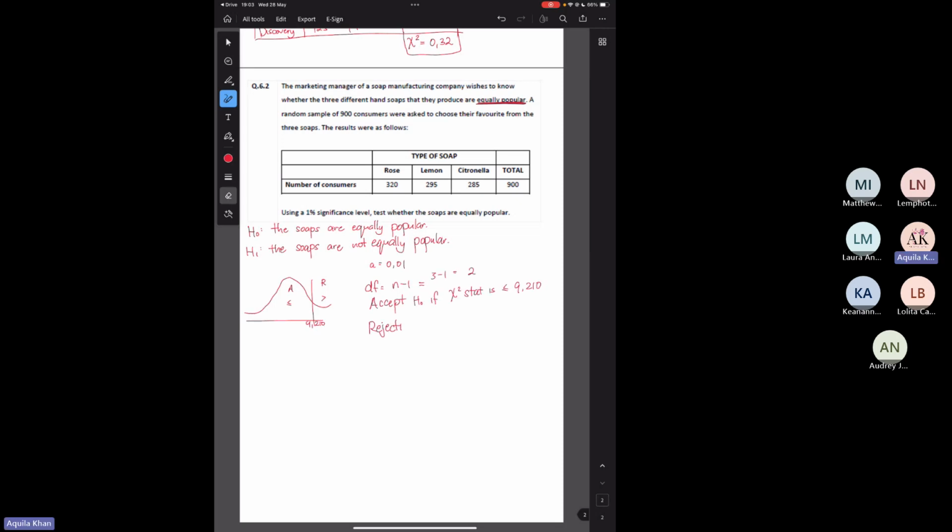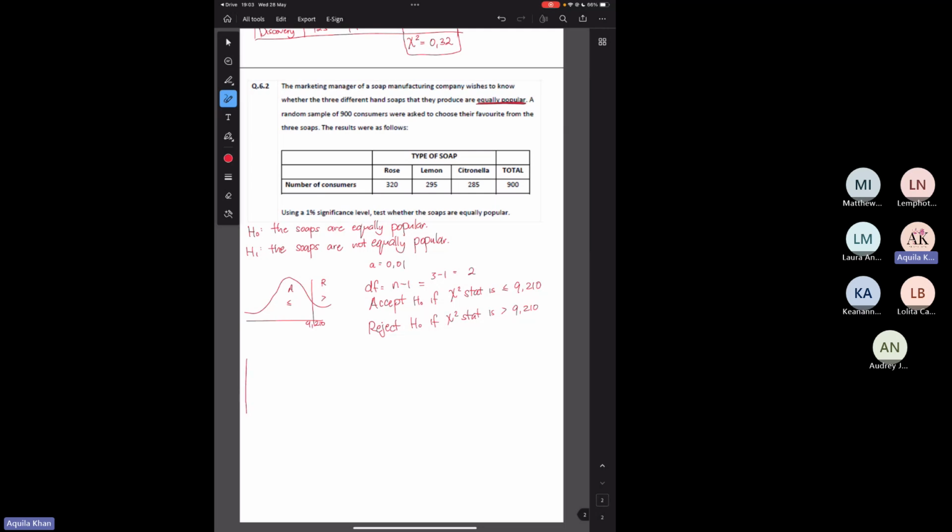So reject the null hypothesis if the chi-squared statistic is greater than 9.210. All right, and that is your step 2 done.